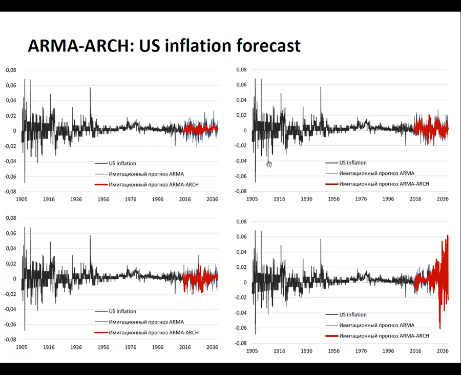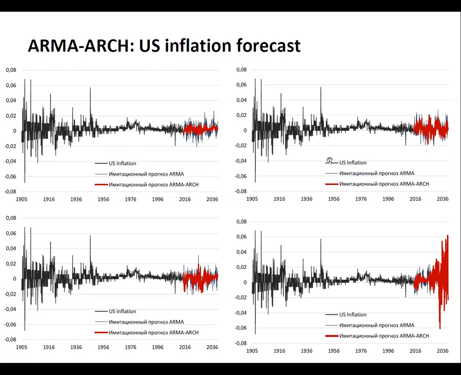So look please at historical data and what the ARMA Arch model understands from this, more precisely, what the Arch model understands. From this inflation data, we see that somewhere before World War II, before the 1950s, it is obvious that the dispersion of inflation was high. After World War II, the dispersion was low.